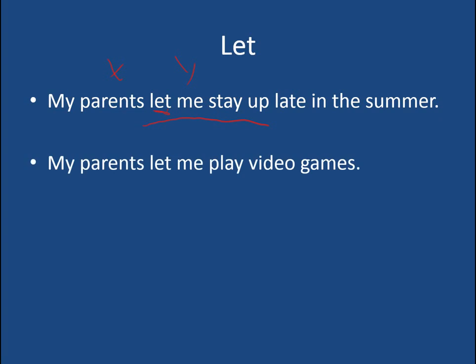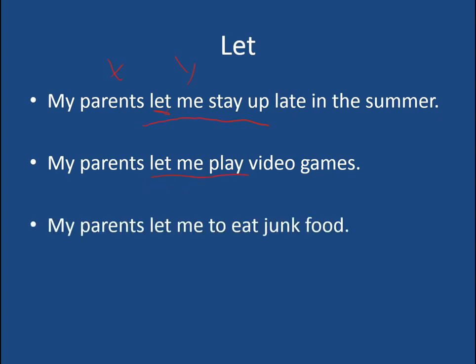My parents let me play video games. Let me play. And my parents let me to eat junk food. Does this one look right? Yes, this one has a problem. No to. My parents let me eat junk food.